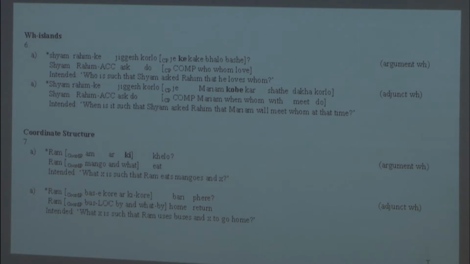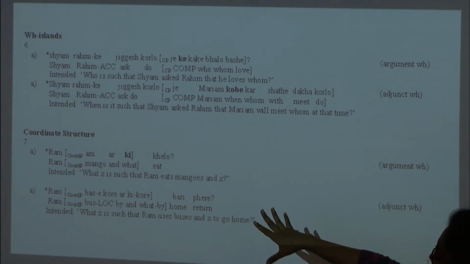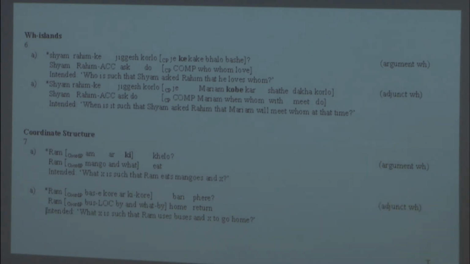But this time, when we looked at what Renuka said about how you have to be careful about how you're coordinating and what reading you're actually getting, whether you're actually coordinating the CP and then eliding stuff, we found that it was just bad to coordinate things and then move the WH out of it.